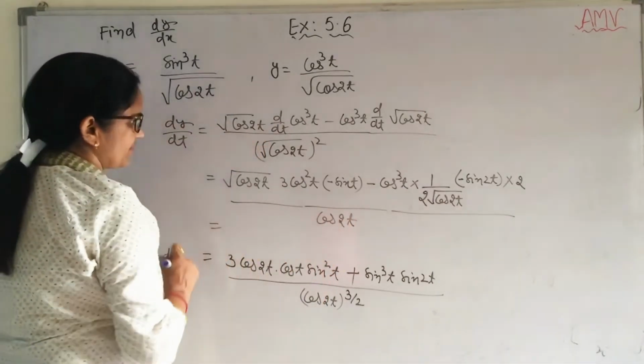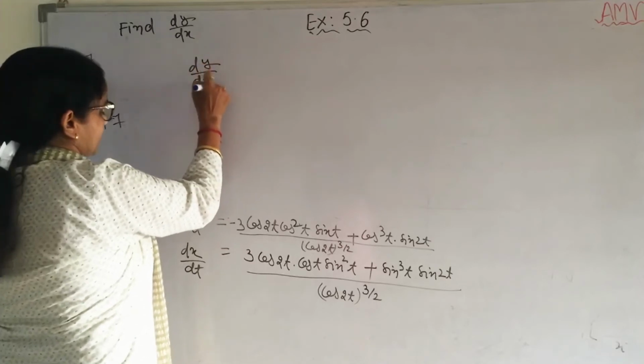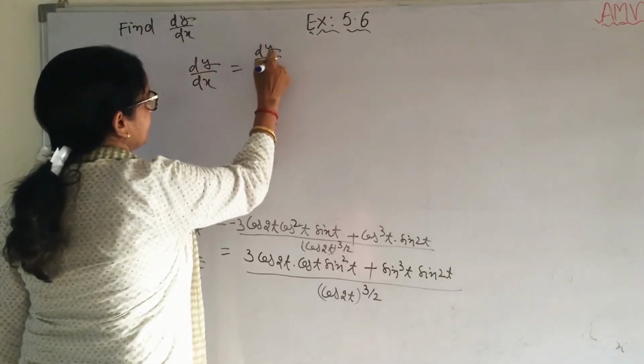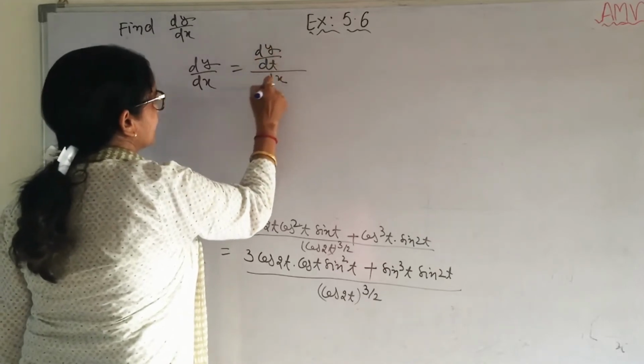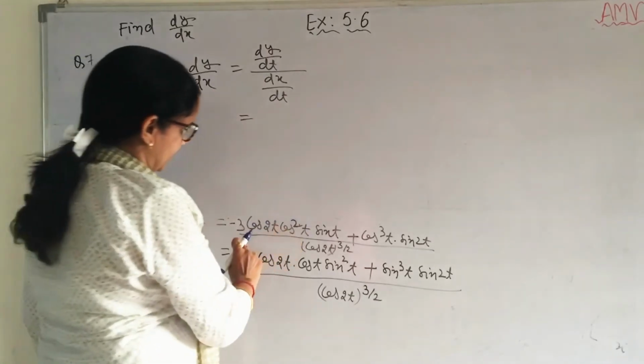Now simplify it. Now find dy by dx, it is dy by dt upon dx by dt. Okay, and now write the values.